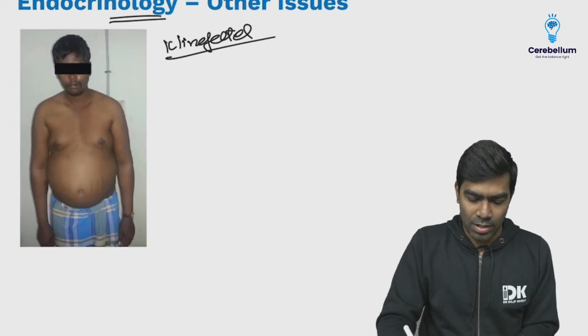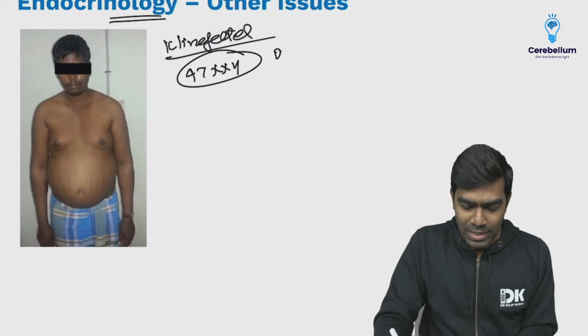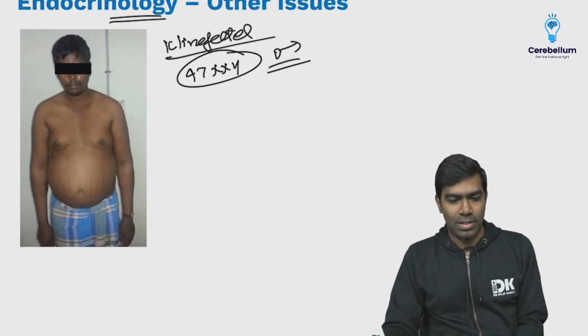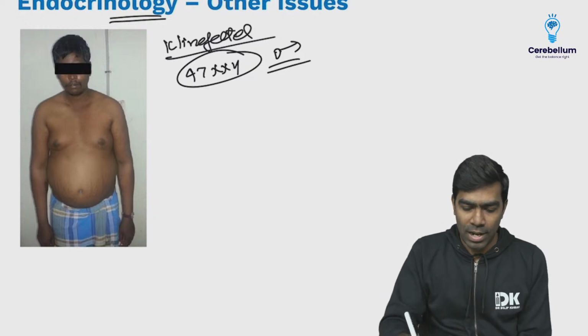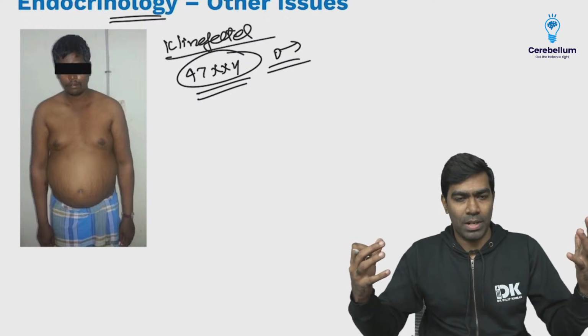So what is Klinefelter? It is 47,XXY. These patients will be males, not females. What is the most common cause? It is non-disjunction. Usually X and Y should separate during meiosis.